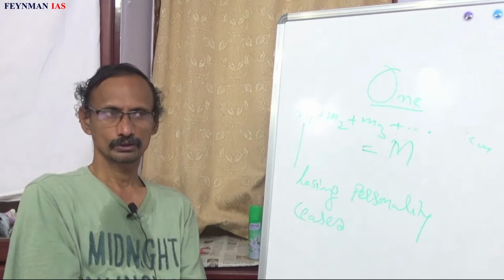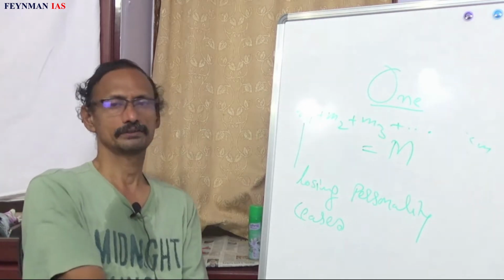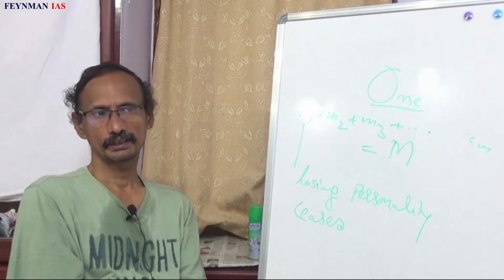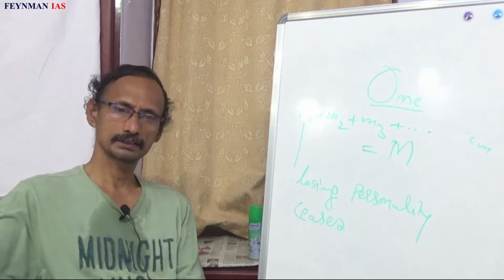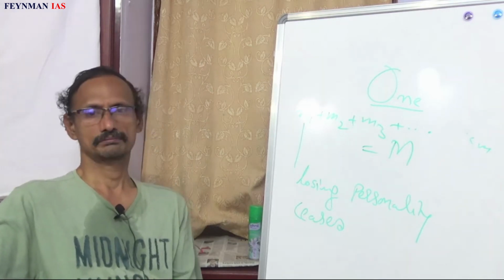So this phenomenon she called totalitarianism. And she felt what was going on under Nazism as well as Stalinism was this totalitarianism.